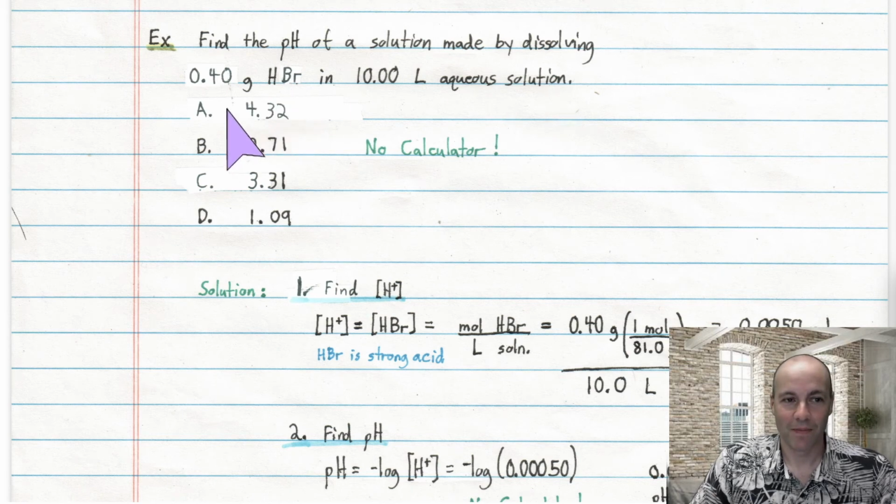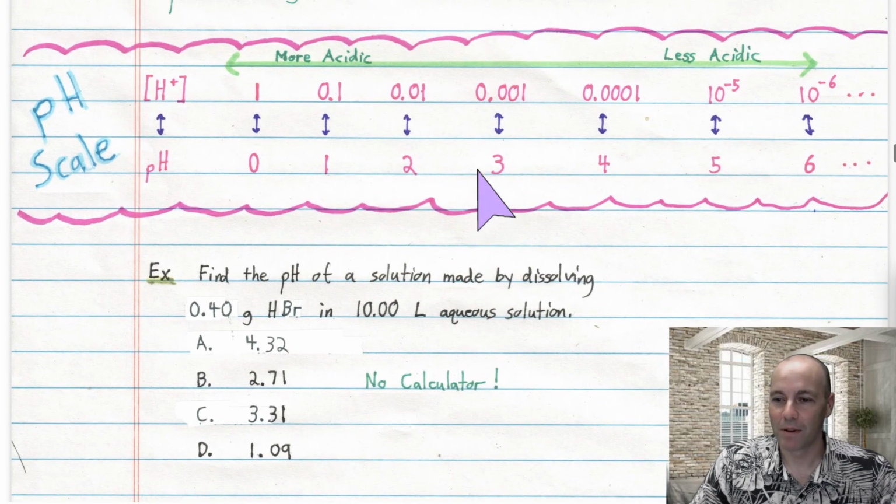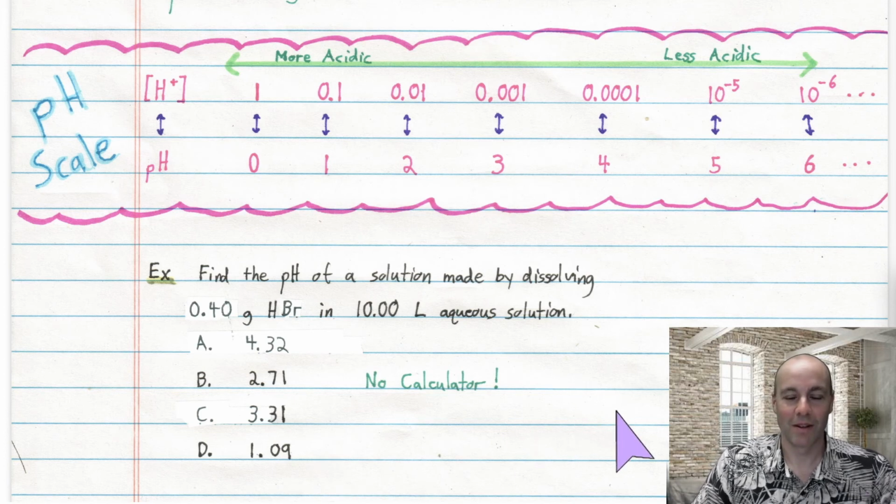This is a multiple choice problem, and here are your choices, and you're asked to do this problem without a calculator. Maybe I should cover up this. I just showed you the answer, but forget you saw it for a second. Maybe pause it, and see if you can have a go at this problem without a calculator.